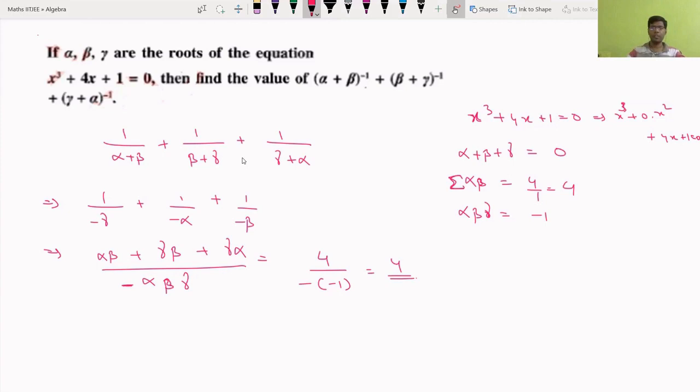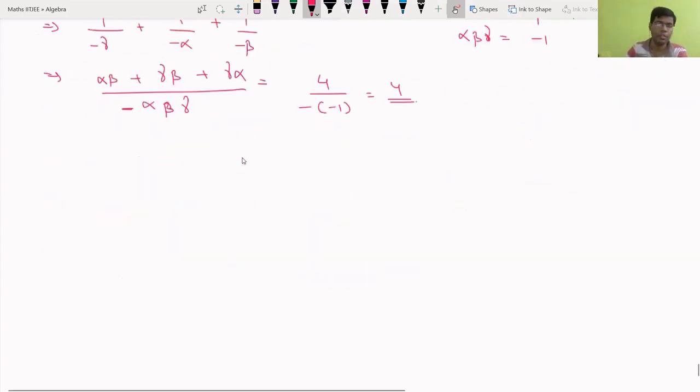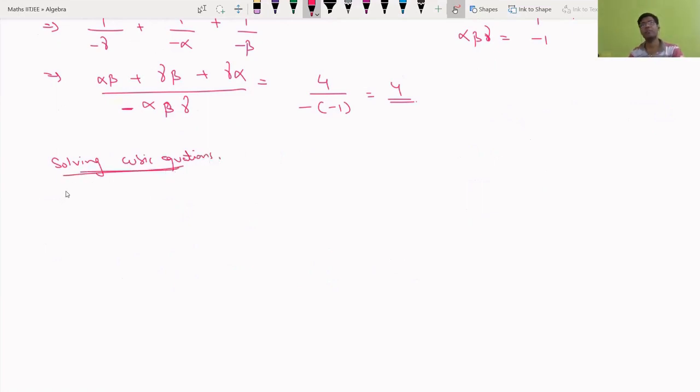Now the next one is solving cubic equations. As such, there is no specific method to solve cubic equations. But suppose we have a cubic equation like x cube plus 2x square minus x minus 2 is equal to 0. There is no specific rule we can use to solve this equation.